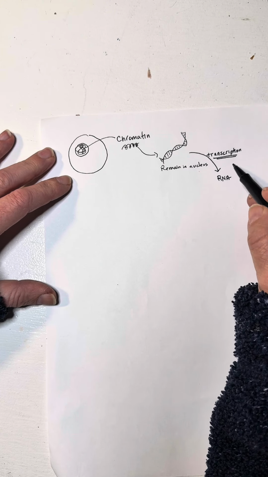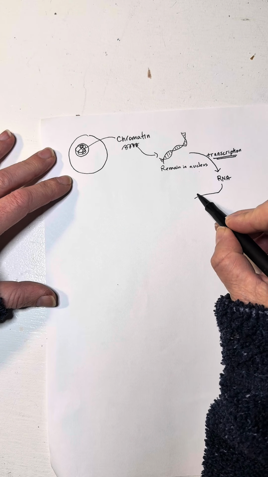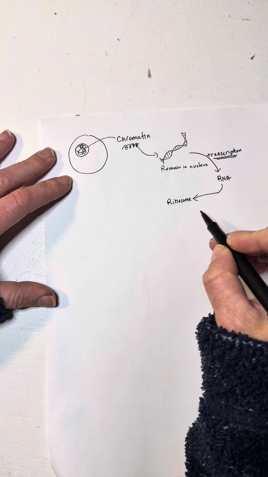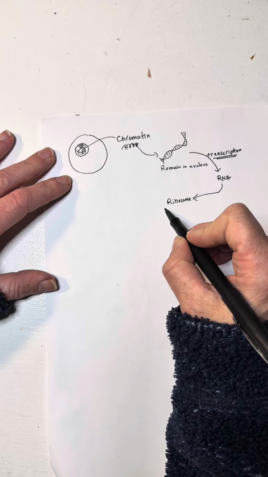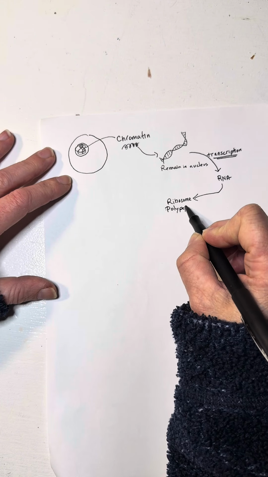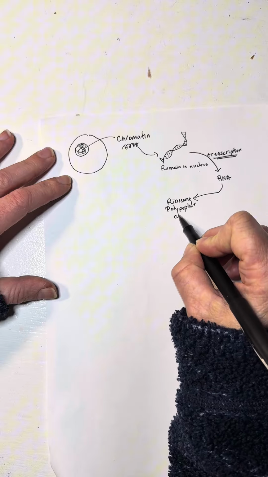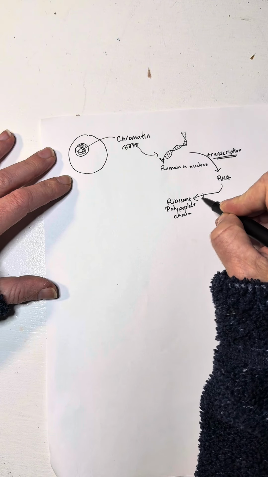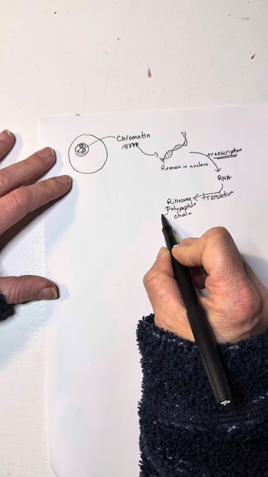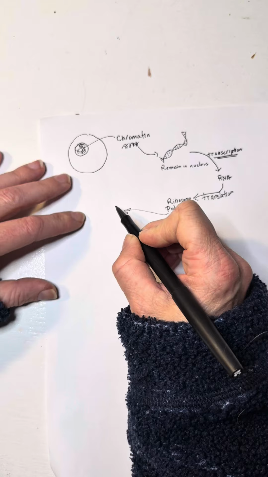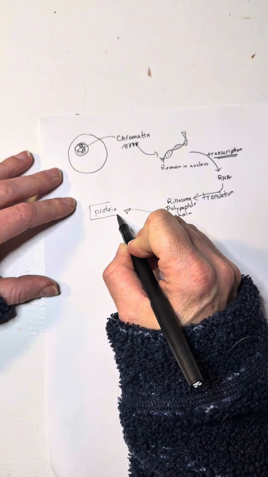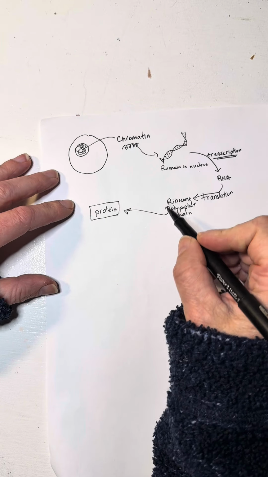That transcription leads to RNA. RNA is then going to be shipped to a ribosome. This will be covered in the next video on translation. At a ribosome, we are going to make a polypeptide chain, and that process is called translation. The polypeptide chain is then folded into a final protein. And there's our final gene expression, at least the way we tend to think about it at the high school level.